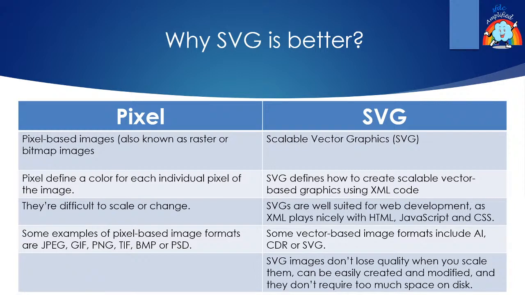Whenever we try to zoom in on those pictures, they start breaking because they are already broken into fixed pixels, and if we zoom, we are trying to break those pixels into more granularity. A pixel defines the color for each individual pixel of the image.